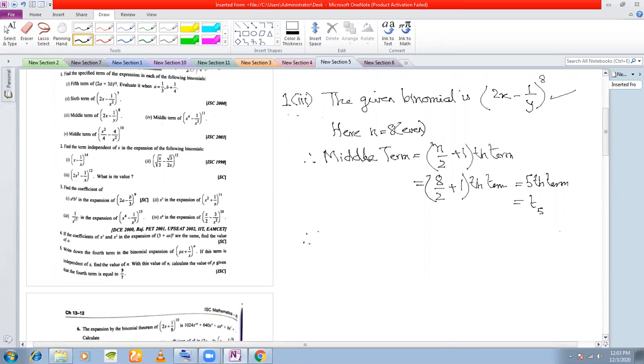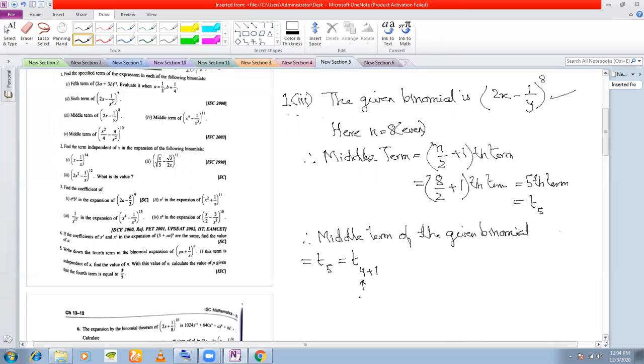So therefore, what is T5? Middle term of the given binomial is equal to T5. And T5, we write this as T4 plus 1, because Tr plus 1 is your general term.